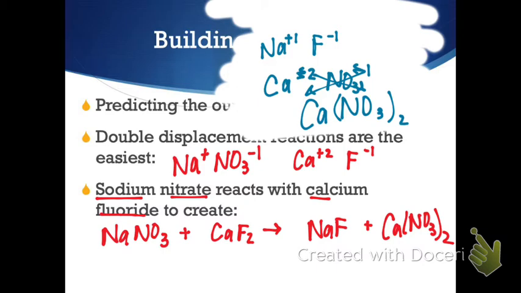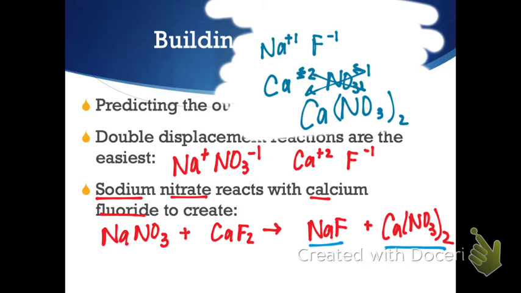Is it balanced? No. Yeah, Scarlett, go ahead. Does it matter which one? No. It doesn't matter which product I list first. The only thing that matters is that it has the right partner. Like if you did NO3Ca, that does make a difference.